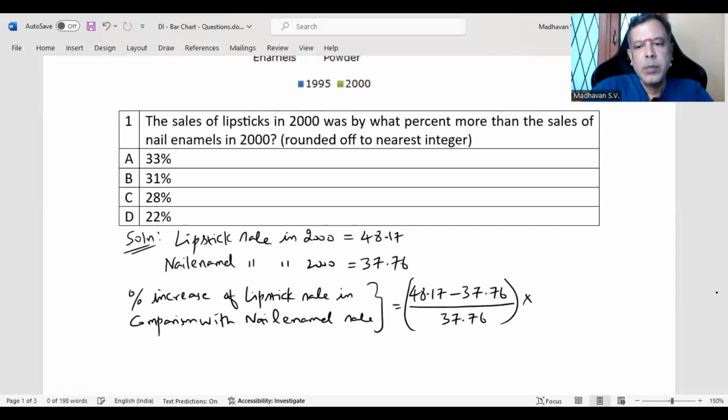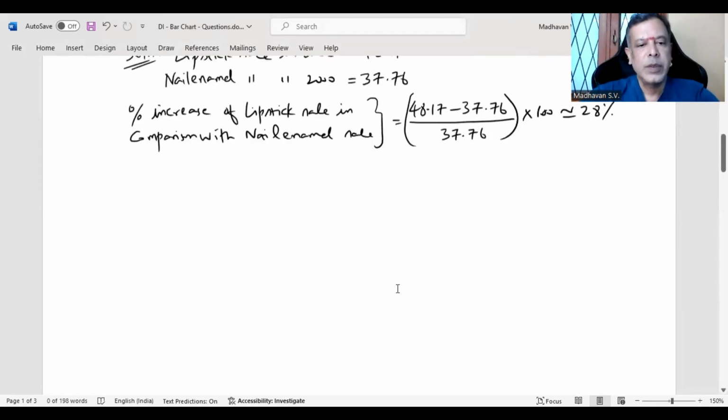This whole thing multiplied by 100. If we do that, the approximate nearest integer you will get is 28%, which means our option is C. Let us move on to the next question.